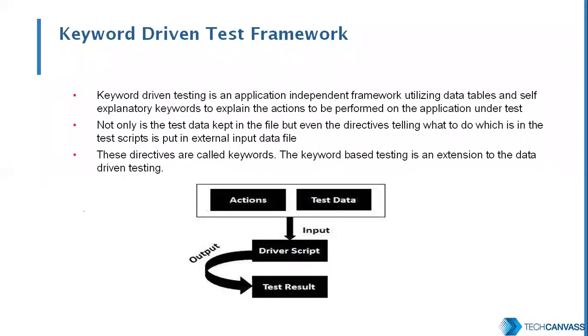See, as I explained, data-driven is actually all about testing a particular scenario against a different set of test data. No framework is actually very specific. The framework is designed as per the requirement of the application.